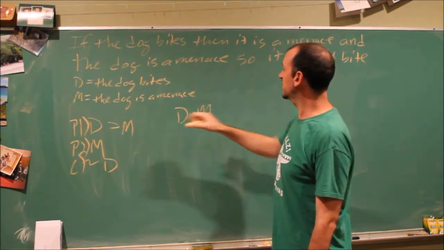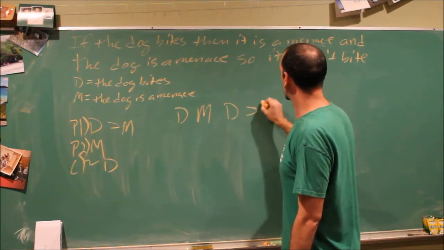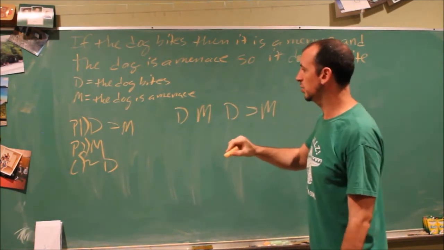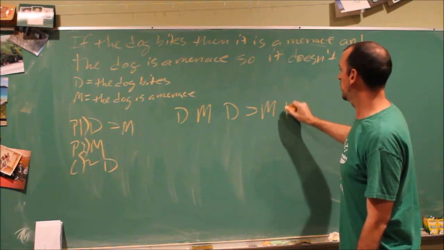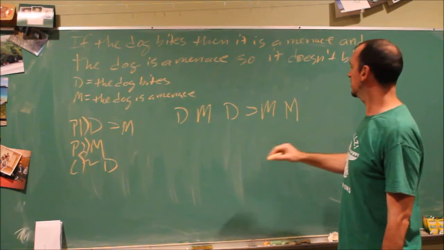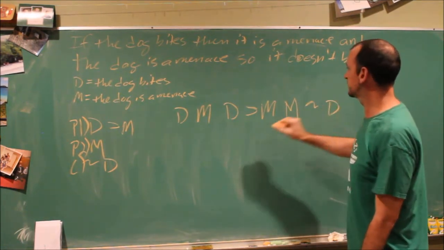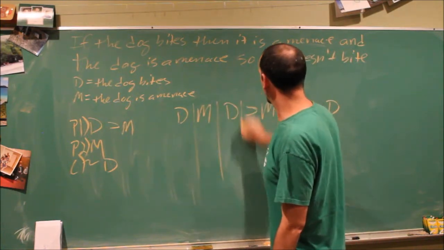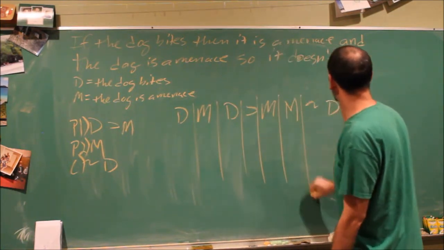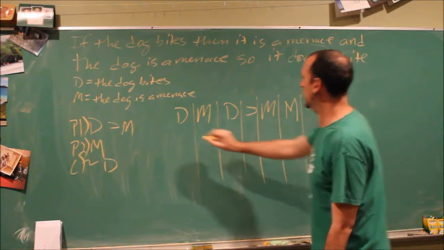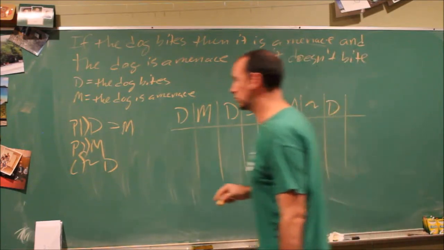Then we have if D, then M, with D, horseshoe, M. They each get their own row. We have M once again, and then finally we have a not and then a D. And on your piece of paper, it's going to look just like that, and we carry this across.